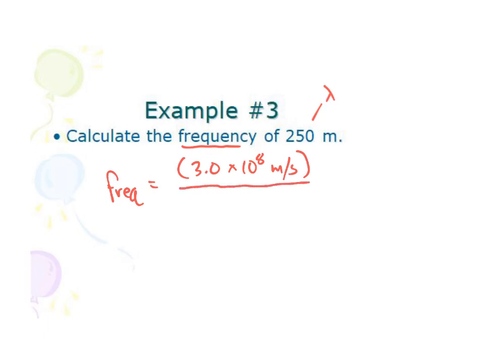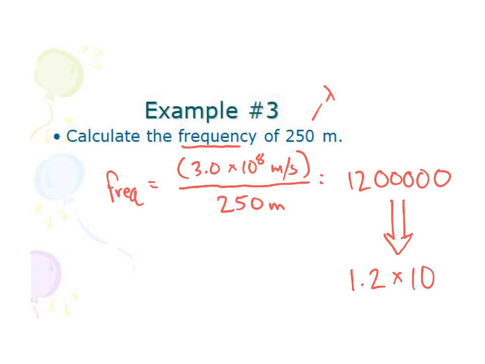Divided by the wavelength that they give me, 250 meters. I get 1, 2, followed by 5 zeros, and this into scientific notation is 1.2 times 10 to the 6th, and this is in Hertz.